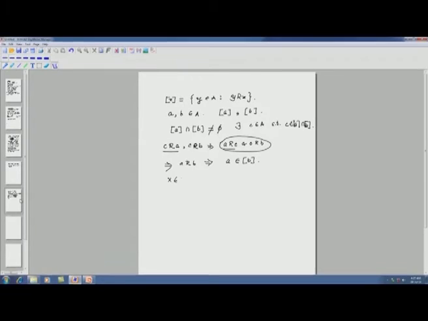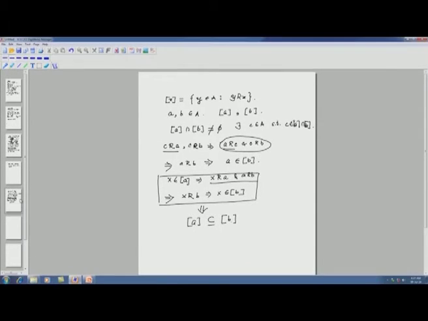Suppose x is an element in the equivalence class of a, which implies that x is related to a, and since we already know that a is related to b and we also know that R being an equivalence relation is transitive, we use the transitive property over here when we write x is related to b, and x is related to b means x is inside the equivalence class of b, and therefore, this whole thing together implies that the class corresponding to a is contained in the class corresponding to b. Let us call it 1.